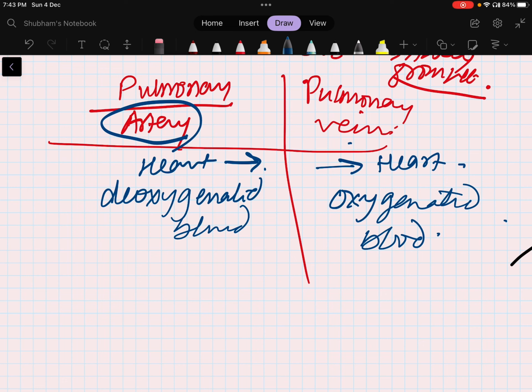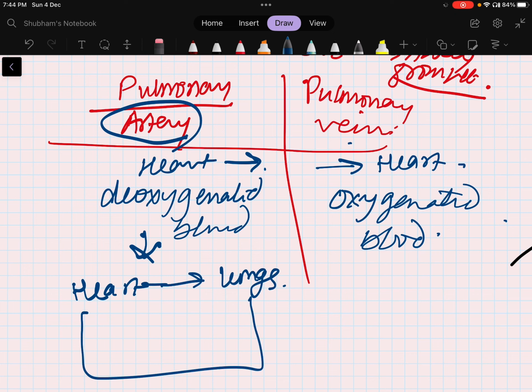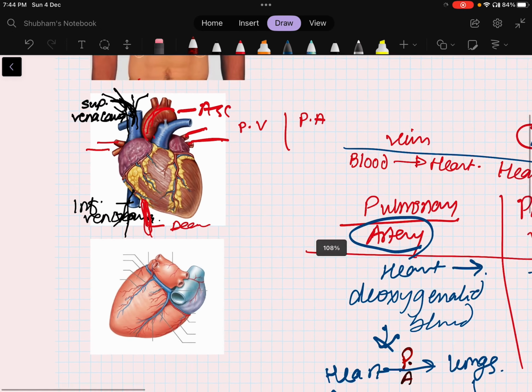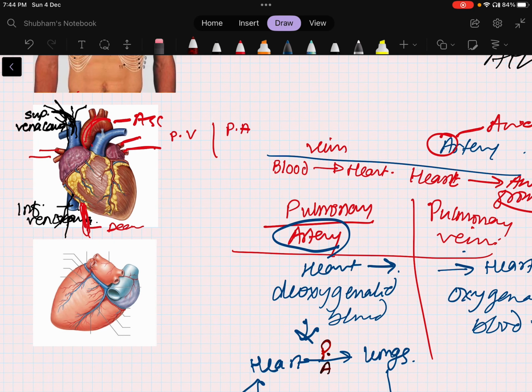So this one takes the blood to the lungs, and this one brings back the blood to the heart. So this is the pulmonary artery. This is the pulmonary vein. That's how you're going to remember this. These are the basic differentiations between pulmonary vein and pulmonary artery.